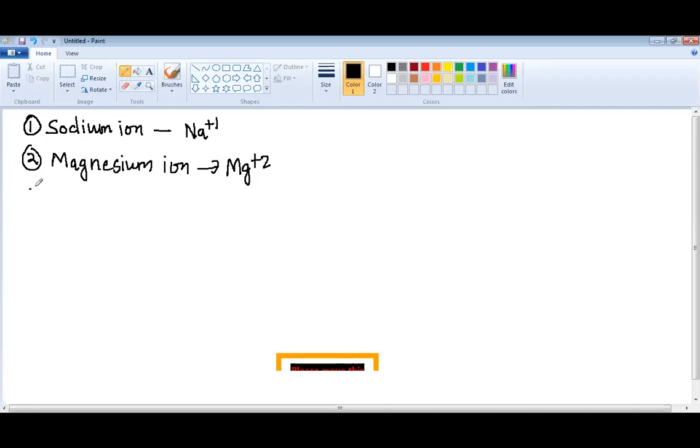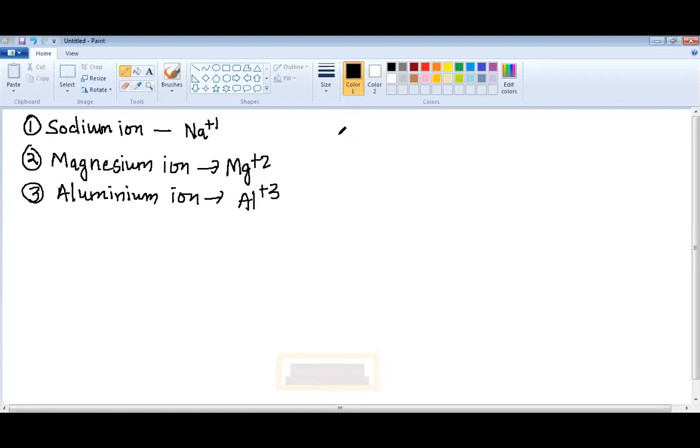Then you have the third ion, which is known as aluminium ion, which is Al plus 3.